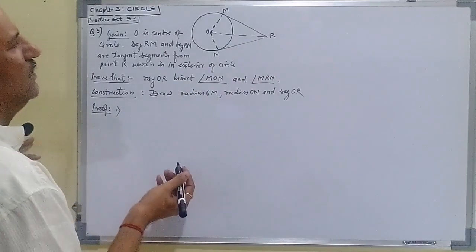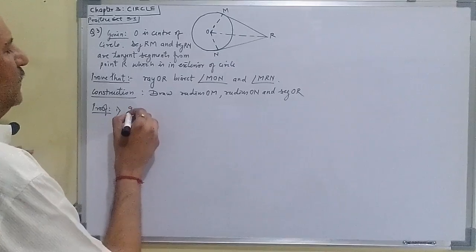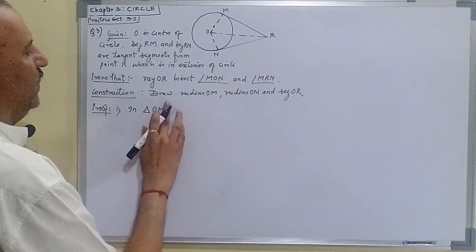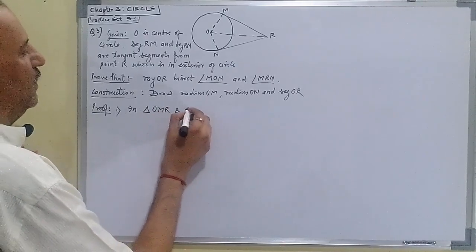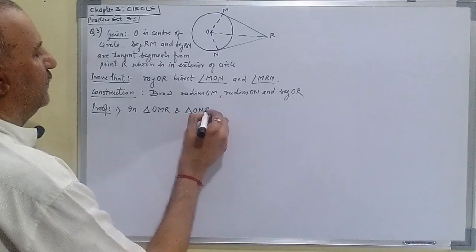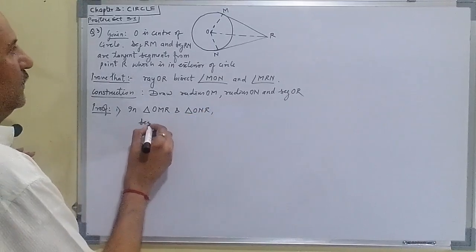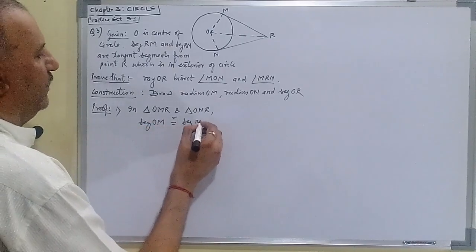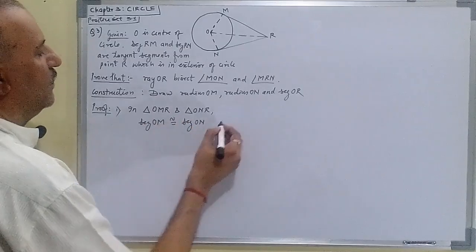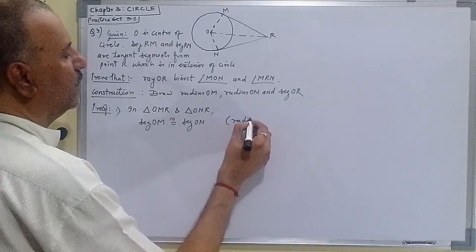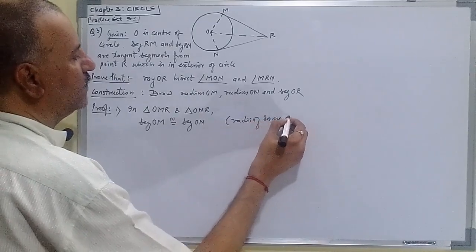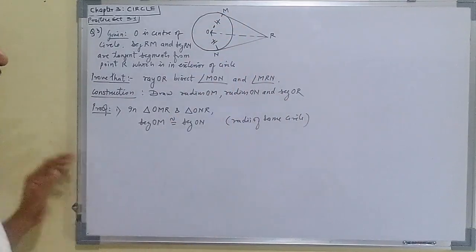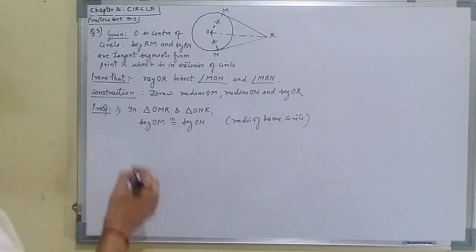We can also do the SSS test, so let's do that. In triangle OMR and triangle ONR, seg OM congruent to seg ON, radii of the same circle.